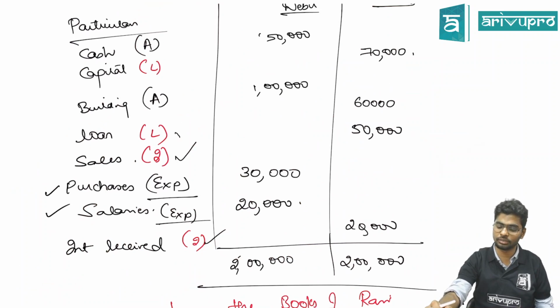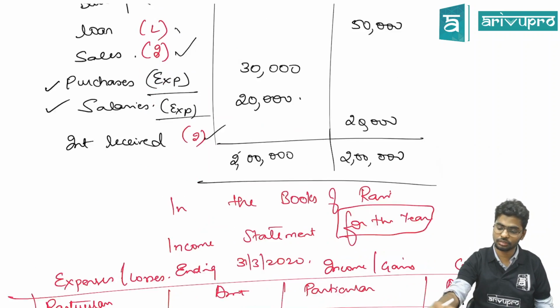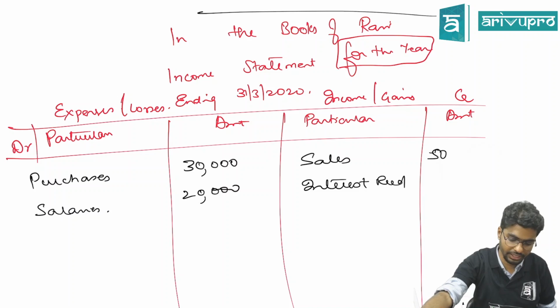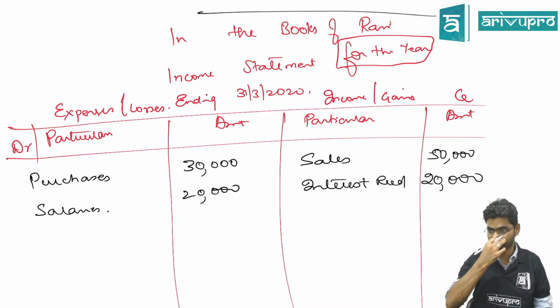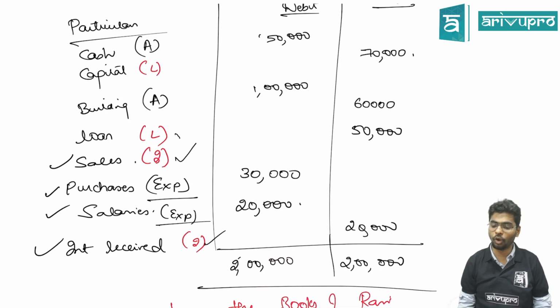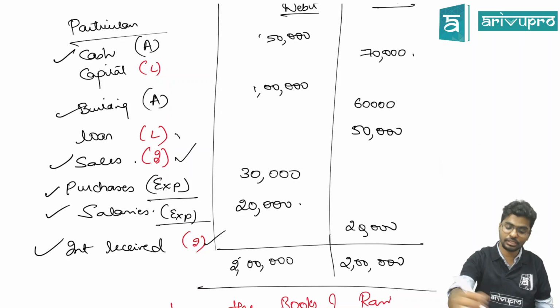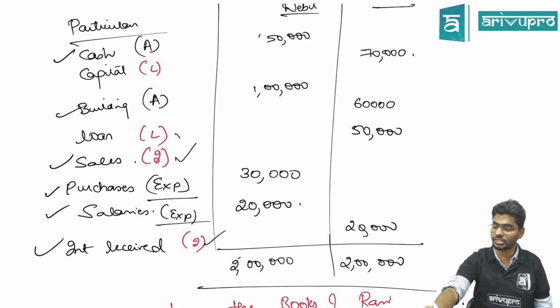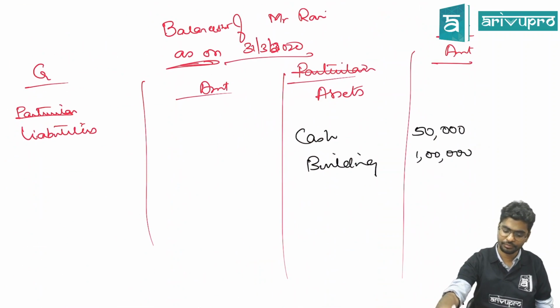What is the sales amount? Interest received? Are you clear? So I'm done with sales, I'm done with interest received. What am I left with? Capital and loan, 70 and 60,000.